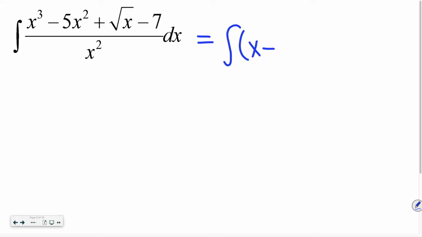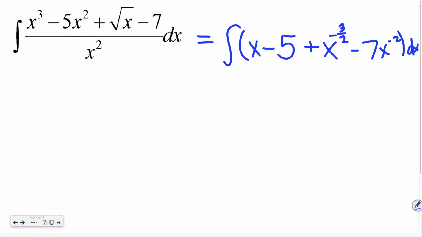Minus 5x squared over x squared, plus radical x over x squared. So we have x to the 1/2 divided by x squared. 1/2 minus 2 would be negative 3/2. And then we have minus 7x to the negative 2nd. Agree with all that? Okay.